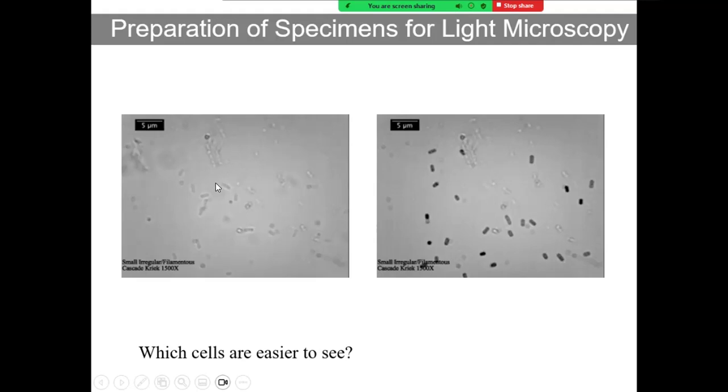If we stain the cells with a dye, there is much greater contrast between the cell and the background of the slide, which in this case would be just glass. And that is all that stains do. They increase the contrast between the cell and the background of the slide, which is usually just the glass of the slide. But it could be the glass and the water, like this looks like cells in a wet mount.